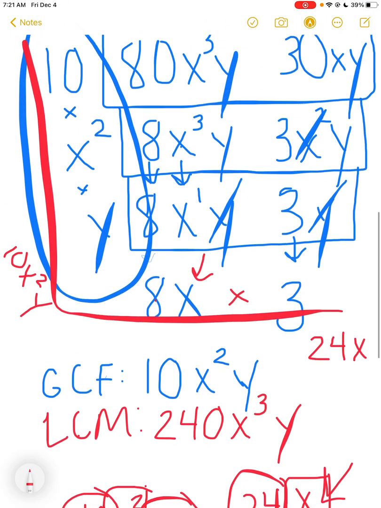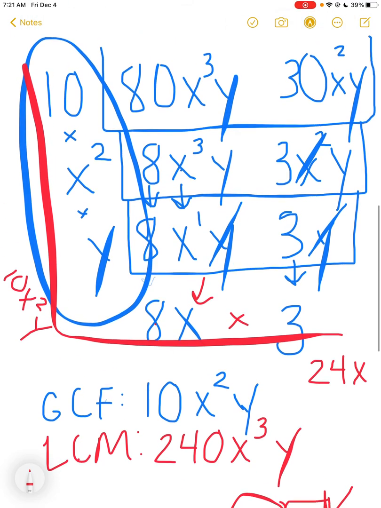Go back up. Remember that clue I gave you? Your GCF should have the smallest version of your variables. So was x to the second our smallest x in our starting numbers? Yeah. Was y our smallest y in our numbers? Yeah, because both of these were just a y. For your LCM, you should have the largest possible version of your variables. Was x to the third our largest x?